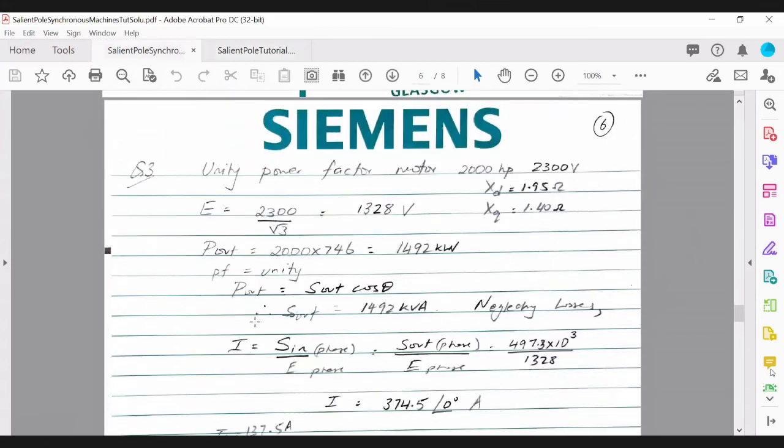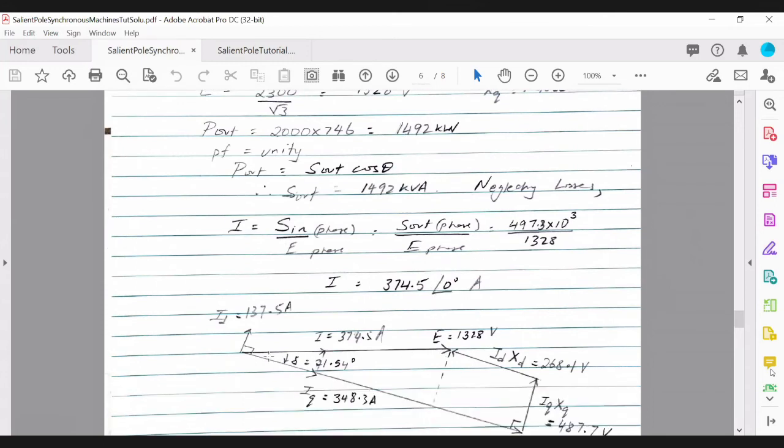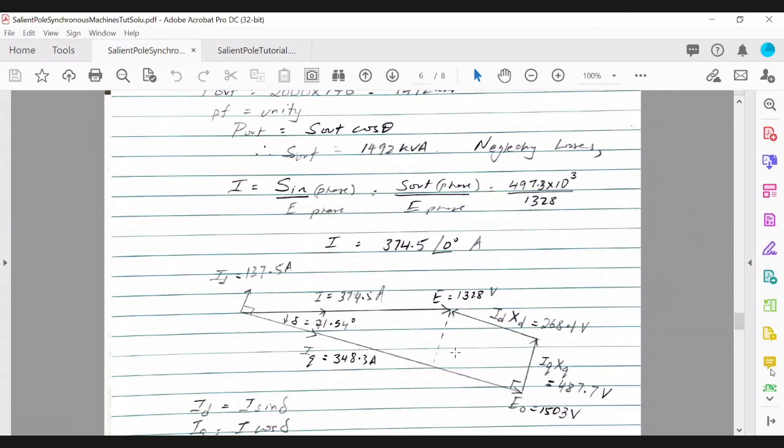So when it's operating at unity power factor, obviously your angle of the current is zero, right? It's in phase with the terminal voltage. So this is how your phasor diagram will look now. Okay, so you will resolve the current I into two components, one along E naught to get IQ, and then your current ID perpendicular to IQ.